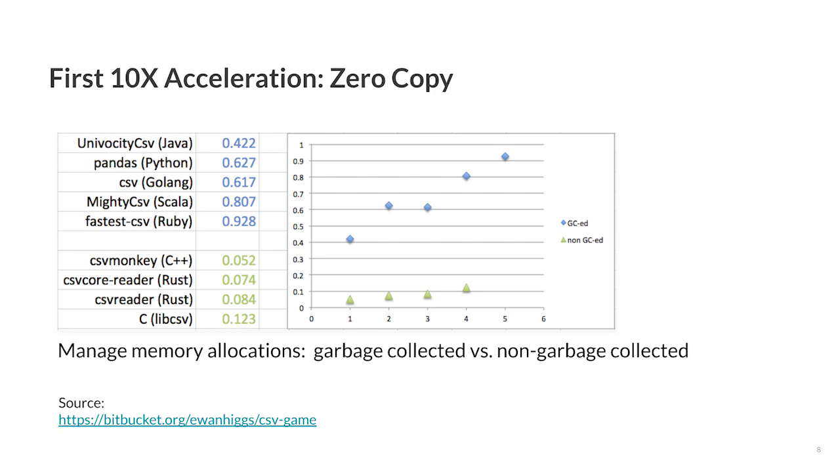This gave us a first performance boost, allowing us to parse data at roughly 500 megabytes, or half a gigabyte, per second.